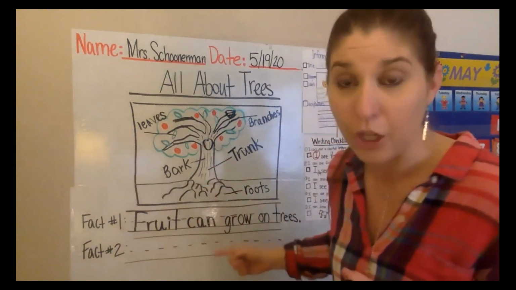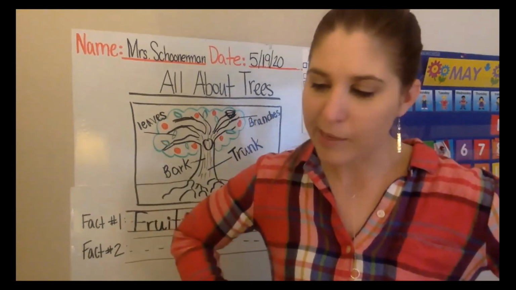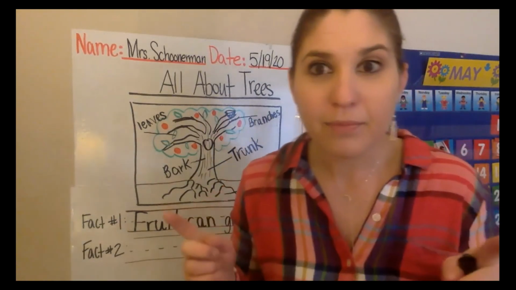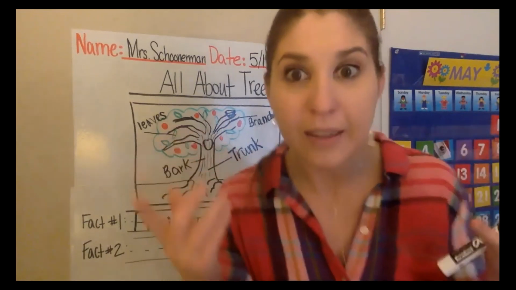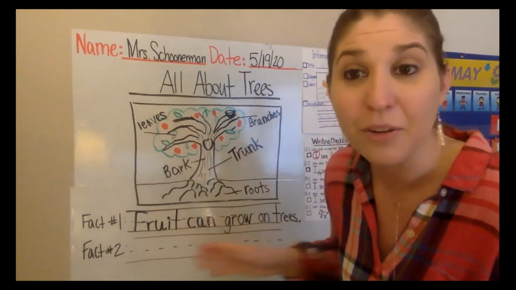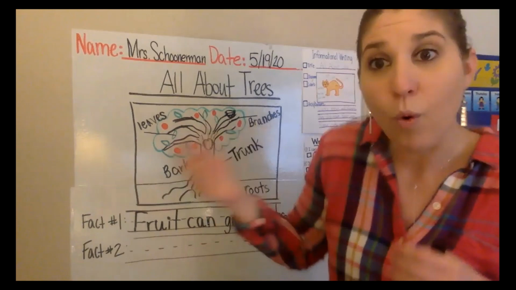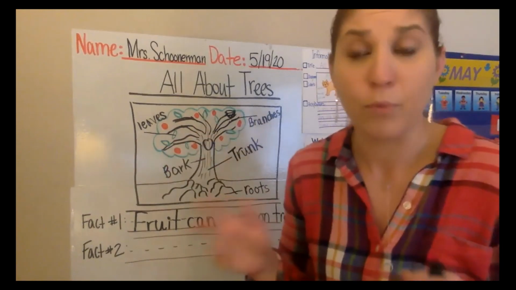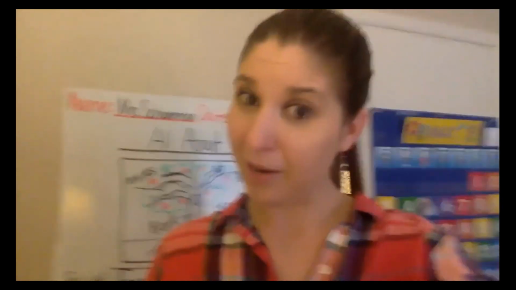That would be a really good fact to write about. What else? Maybe you know that leaves sometimes can change colors in the fall, and you'll write about that. That sometimes leaves can be brown and orange and yellow and red. Those are all some really good facts that you could write about.